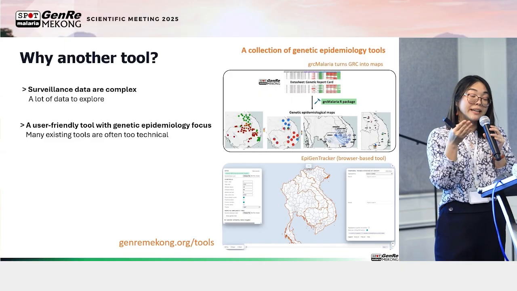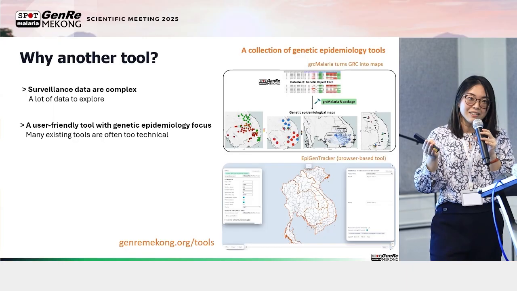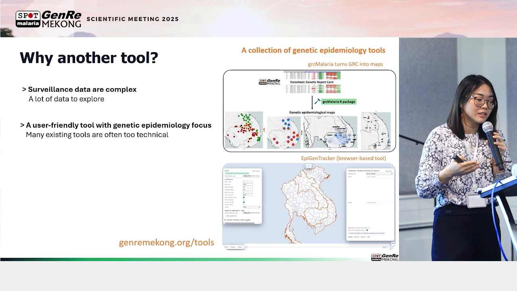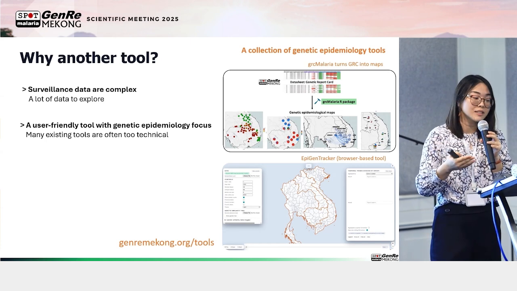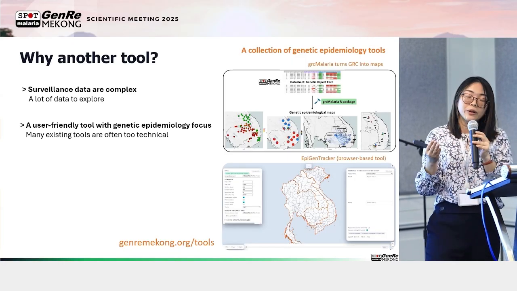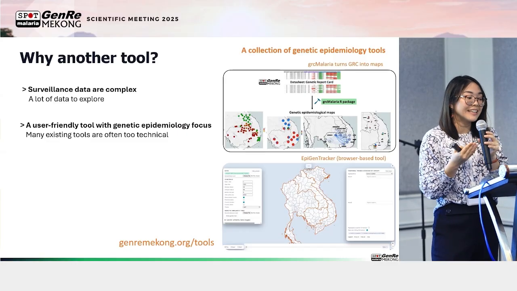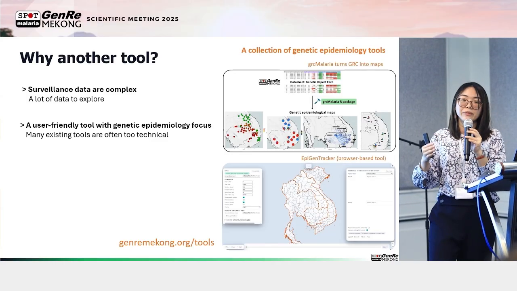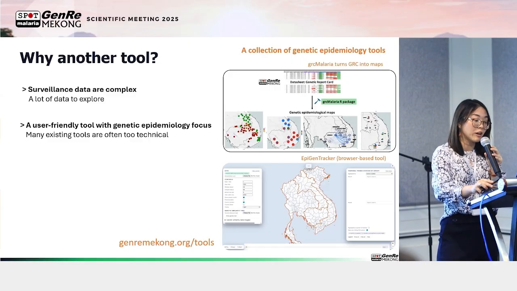There are already many existing tools for exploring genetic data, but many of these can be quite complex to use. They're quite technical, and maybe they're not that suitable for routine program settings. But EpiGenTracker was created to make this easier. It is a free, user-friendly tool that focuses specifically on genetic epidemiology use cases, and it works directly in your browser.